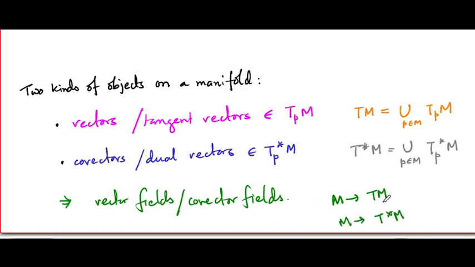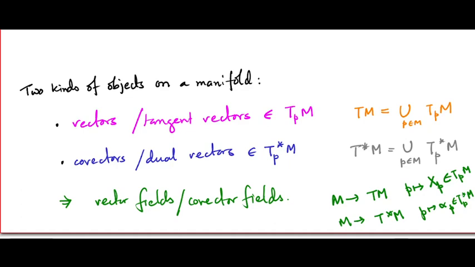But the important point is a point P gets mapped onto a vector by, say, this vector field X, which belongs to TPM. Similarly, a point P gets mapped by a covector field alpha to alpha P, which belongs to TP star M. In other words, these vectors that a vector field returns at a particular point are tied to that point, and the same thing can be said about covectors.